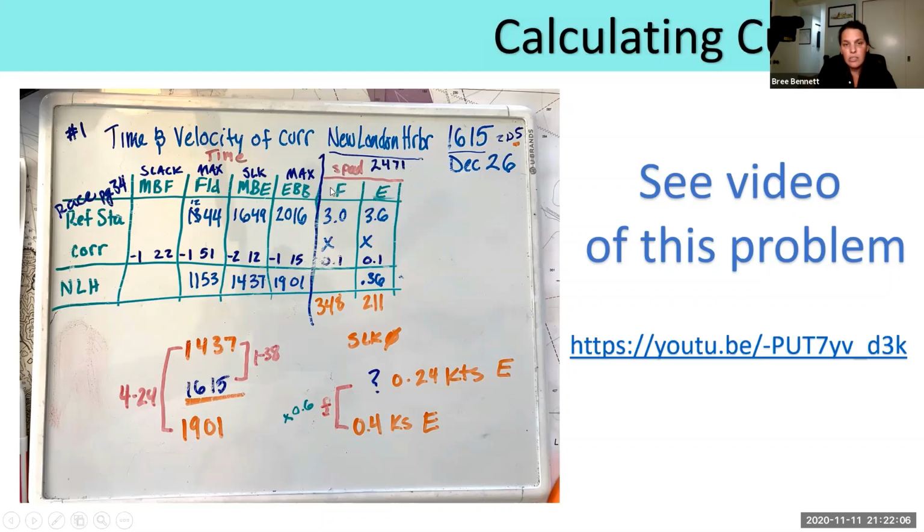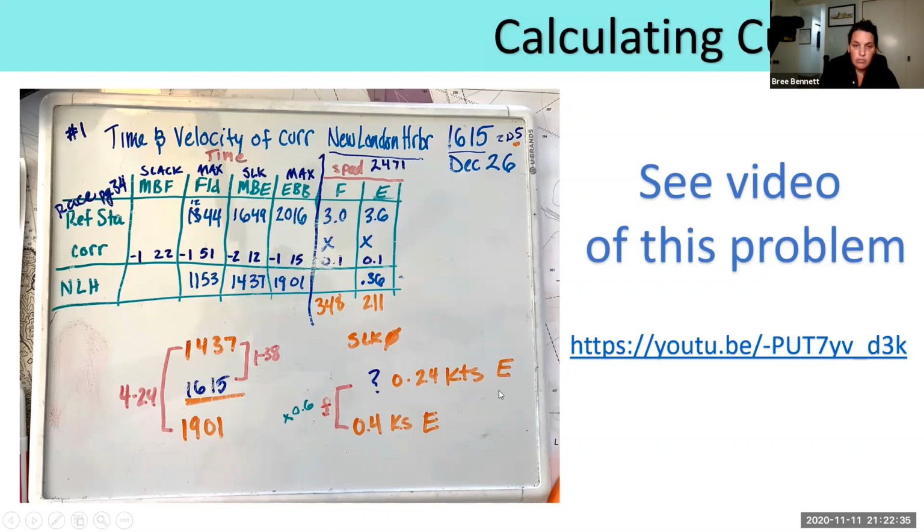And then right next to it, you have your speed ratios for your flood and your ebb. So I just copy all that down on the correction side. And then I go to table 1 to figure out what I have on my bigger side, and then just apply those corrections. So very similar to tides.